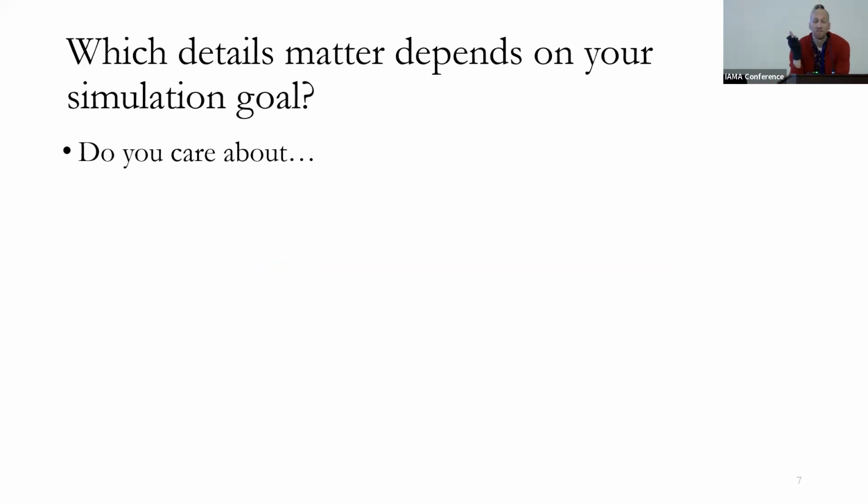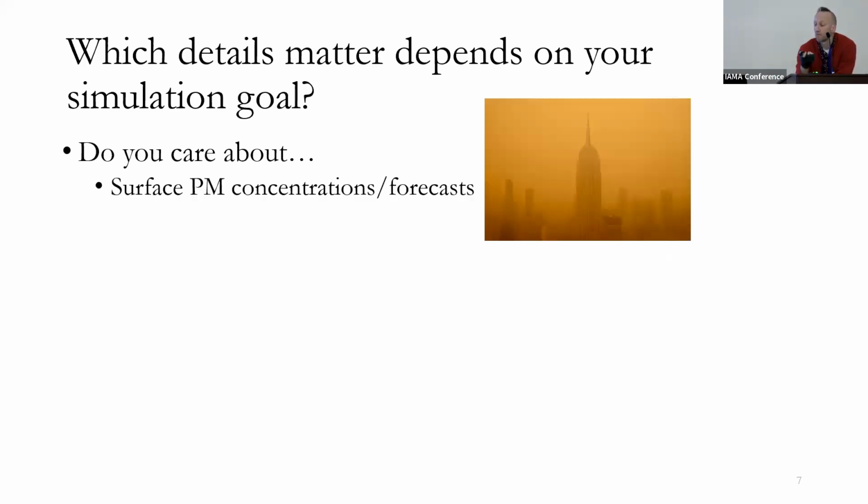So I'm going to talk about a number of things now, but I want to just acknowledge, because I know there's a whole bunch of different research and regulatory goals in this room. So what's important to you may differ a little bit, depending on whether you care about surface PM concentrations for regulatory purposes or smoke forecasting. Then some of these issues are maybe more important than others.